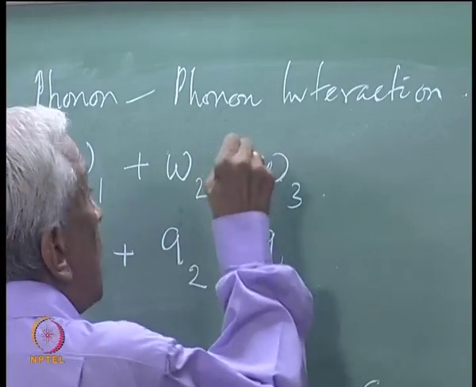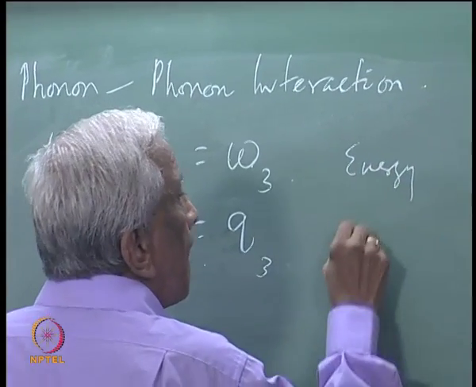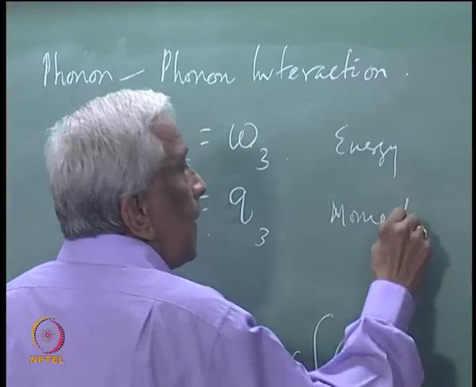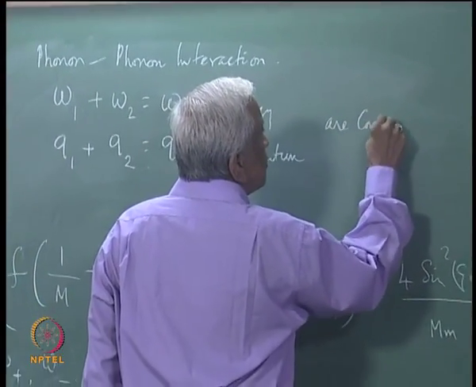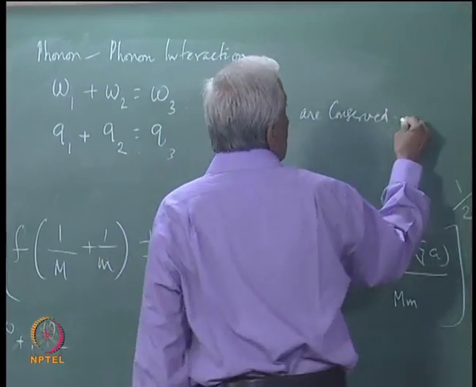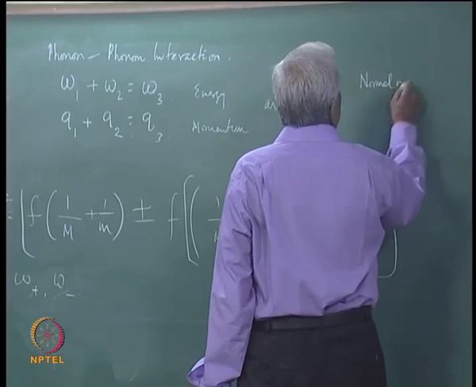So, the momentum and the energy are conserved in such a process. This is known as a normal or N process.